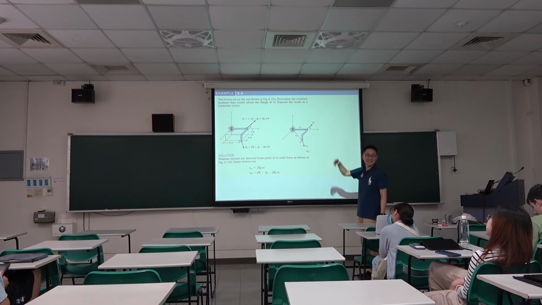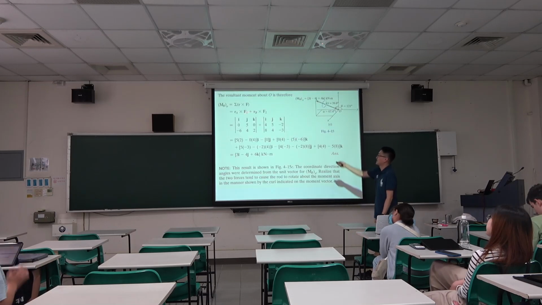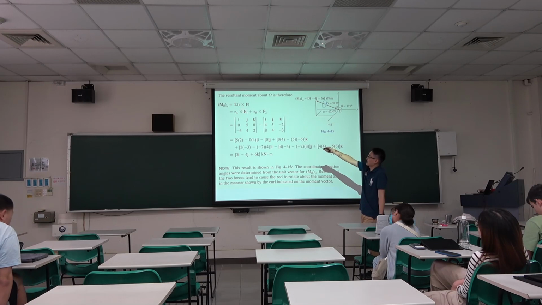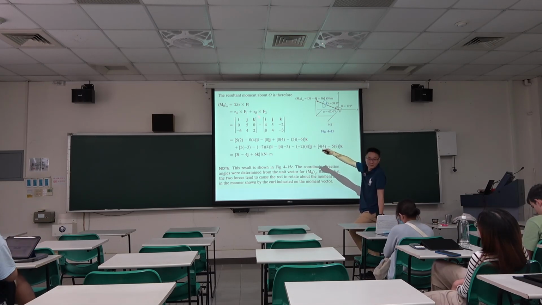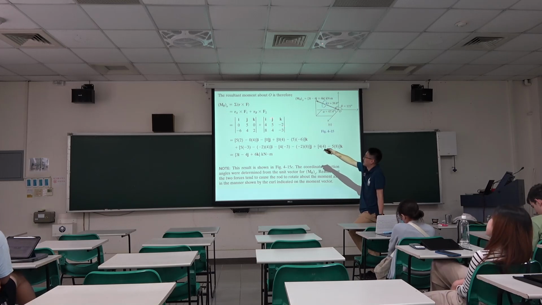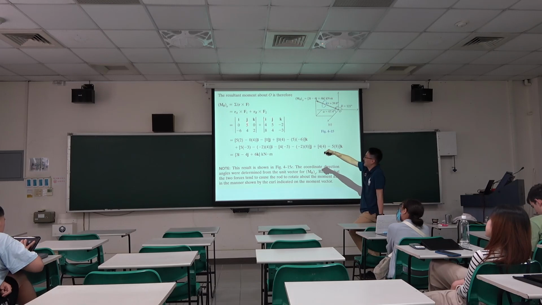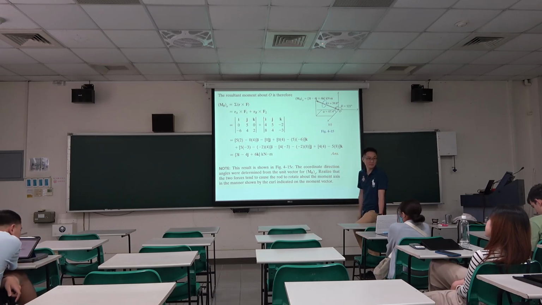RA cross F1 gives us the first moment, and RB cross F2 gives us the second moment. Finally, the two moments added together give us the resultant moment.